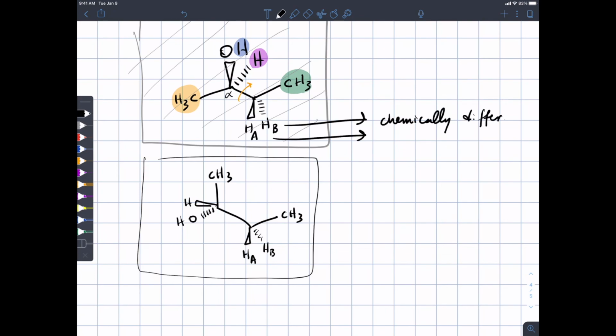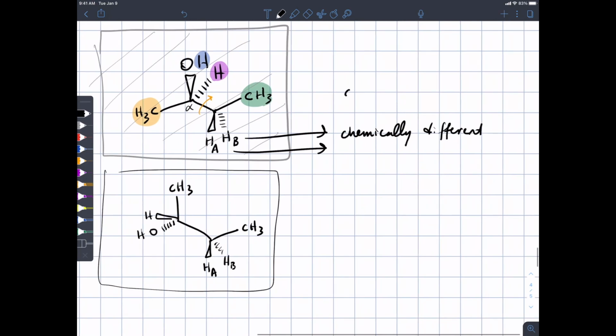So this is generally true in chiral molecules: CH2 protons, and actually any groups attached to the same carbon, are different in a chiral molecule.